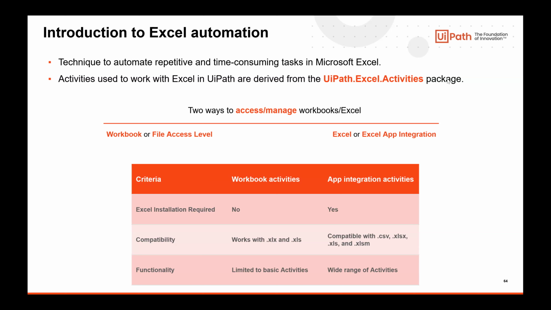But basically, if we think about Excel as just a storage of rows and columns for data, UiPath is able to go in and read Excel sheets and get that data out and pull that into a data table variable type, which we talked about in variables and arguments. We talked a little bit about data tables. So reading and writing to and from Excel is going to use that data table variable that we've talked about in the past.